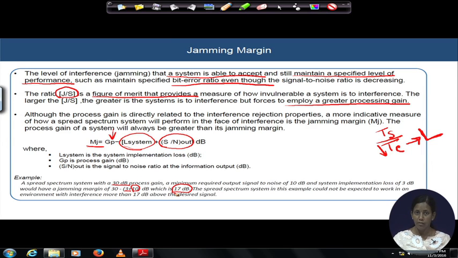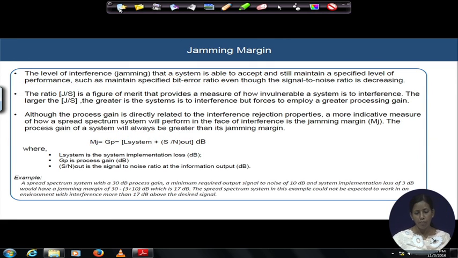But in an environment where the jamming power goes beyond 17 dB above the signal power level, the designed system cannot work. This is the meaning. Today we will also do the mathematical analysis to understand in detail the relationship between processing gain and jamming margin, and what it looks like.